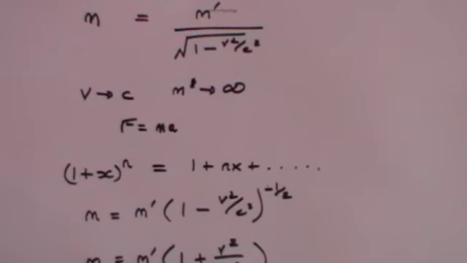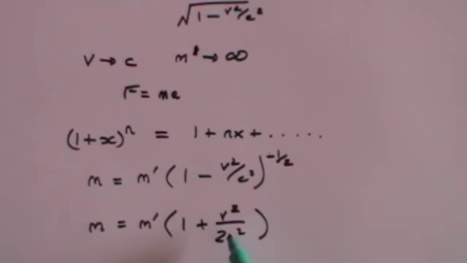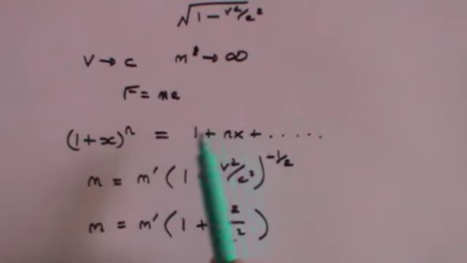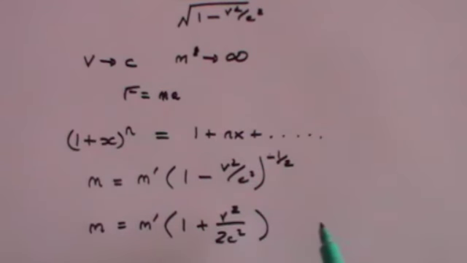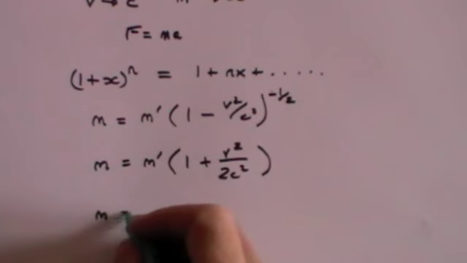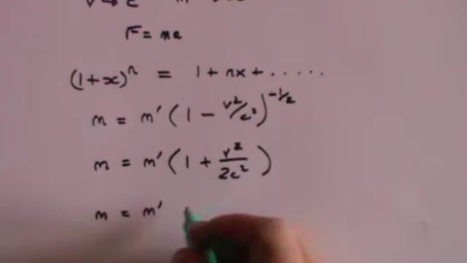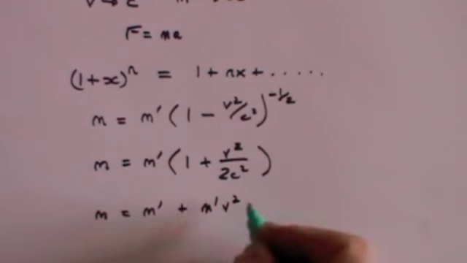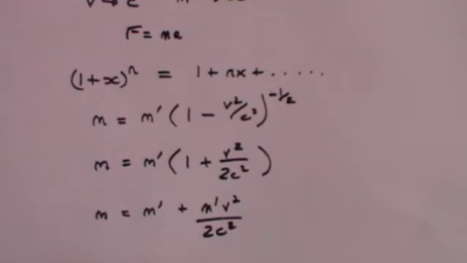And that is essentially a binomial expansion of this term using this approach. There are, of course, some other terms, but they get progressively smaller, particularly if v is very much less than c. Well, that means that m is equal to m prime plus m prime v squared over 2c squared.